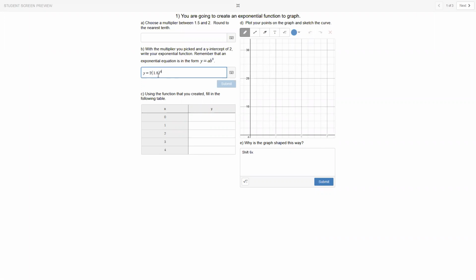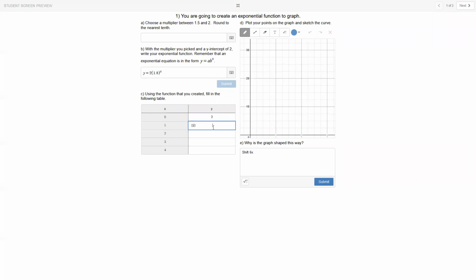So I went 2 parentheses, which means times 1.8 to the x power, and then whatever yours is in there. I know that it's going to go through the point 0 what? It should go through 0, 2, because that's the start value, and the a value is 2.